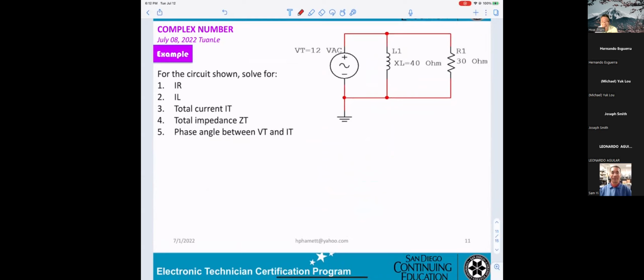I already told you, for an inductor, XL 40 becomes j40. If it's a capacitor, it will be minus j. That's just a formula.